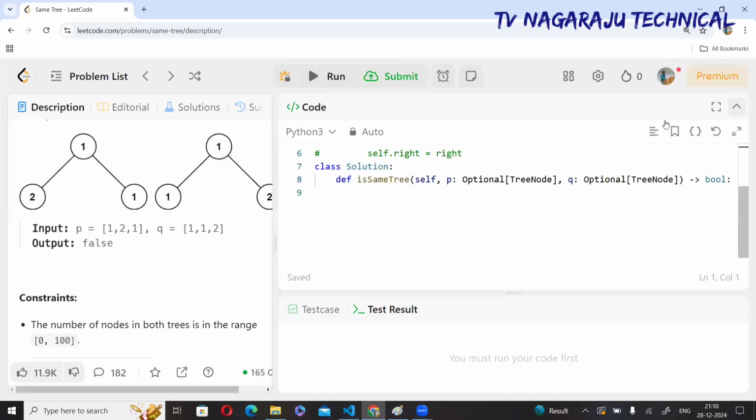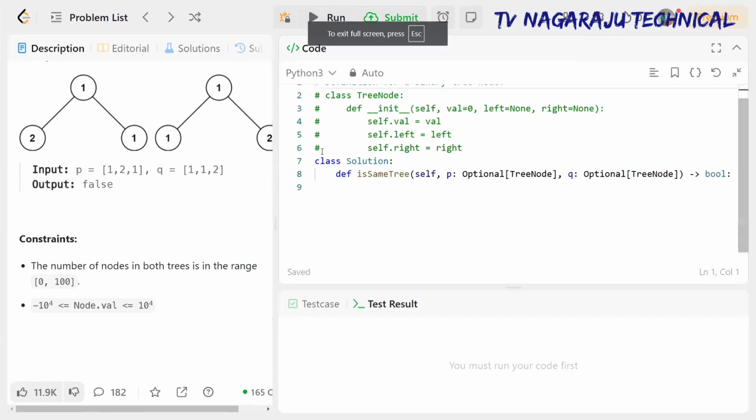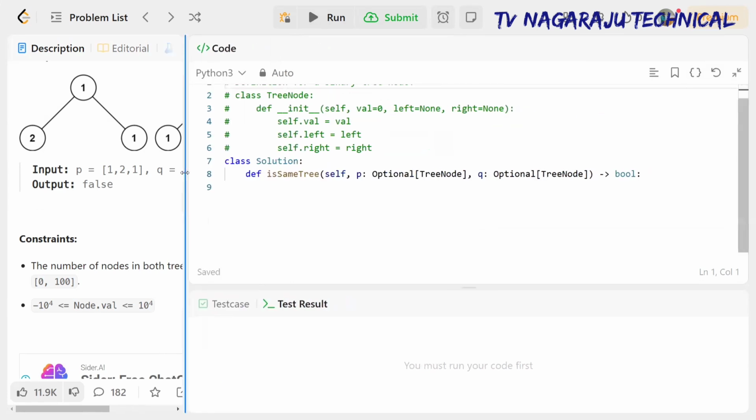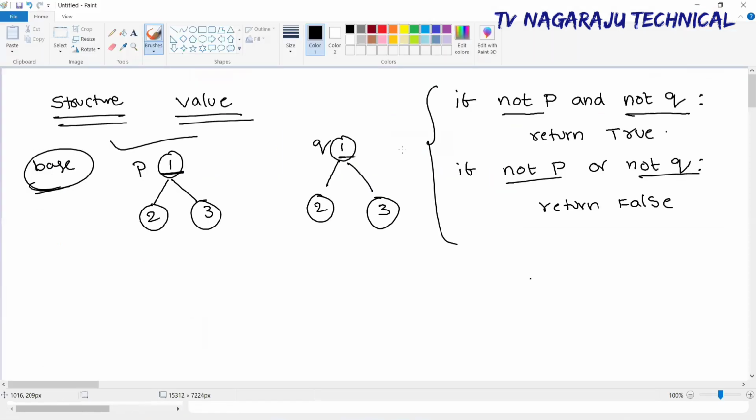Move to the program. Observe, in the program they gave self.val as the value, and left, which is used to store the left side, and right, which is for the right side. Exactly.